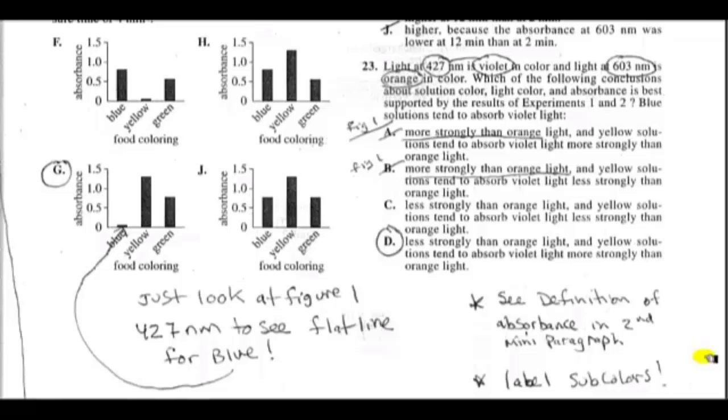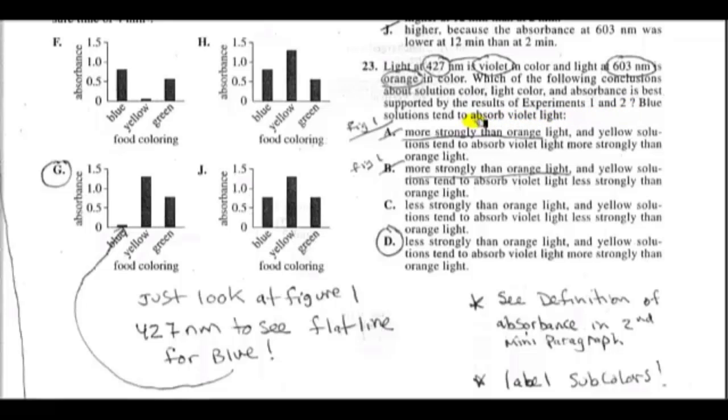Test 69A, Science Practice Problem number 23. Number 23 states, light at 427 nanometers is violet in color and light at 603 nanometers is orange in color. Which of the following conclusions about solution color, light color, and absorbance is best supported by the results in experiment 1 and 2?